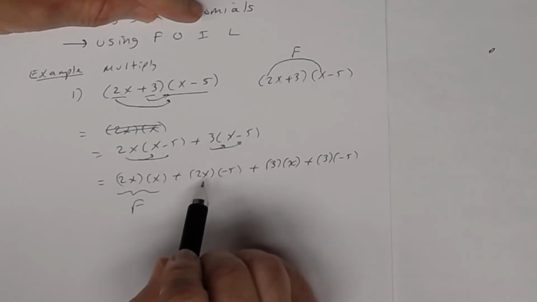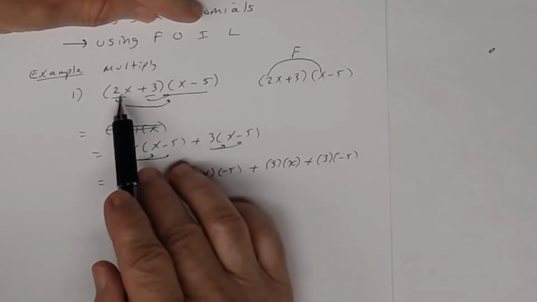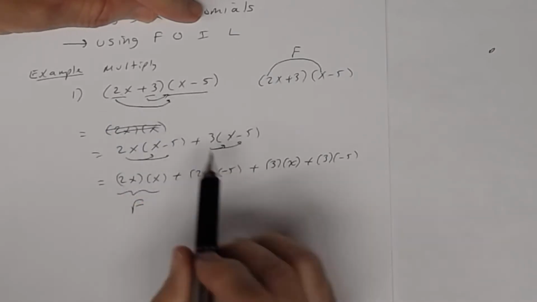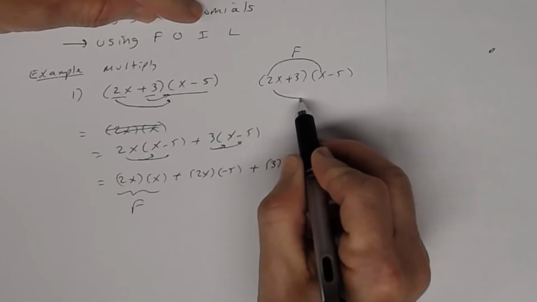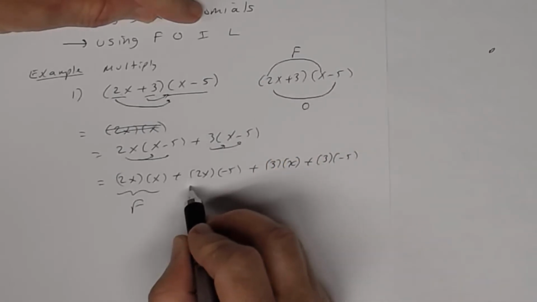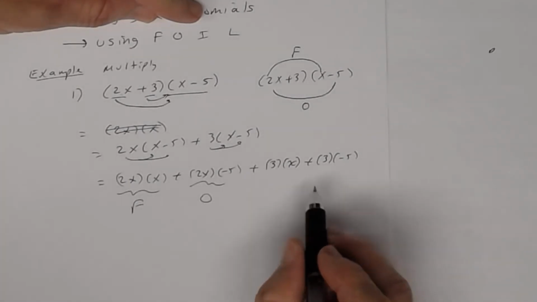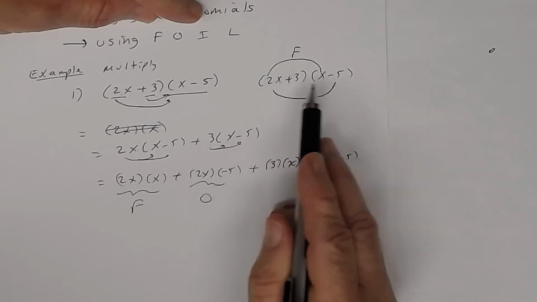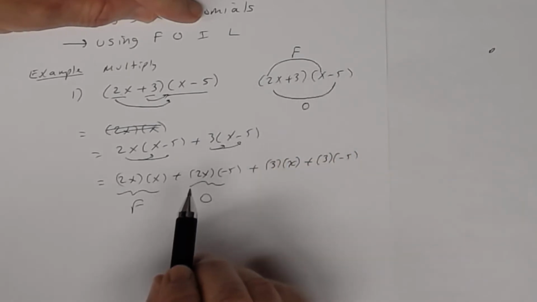Now look at that next term. This times this is this, right? When I draw my arrow here, that's going to be called the outer. So this is your outer, the terms on the outside of this expression.